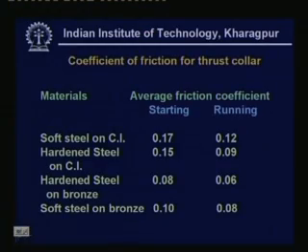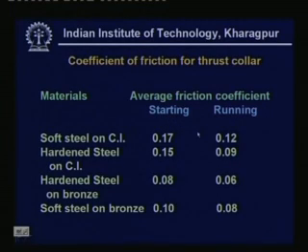Then one more thing in order to design is the coefficient of friction for the thrust collar. Again the coefficient of friction depends upon the material of contact, that is whether steel or cast iron, or hardened steel on cast iron, hardened steel on bronze, etc. You will see the starting coefficient of friction, sometimes called the static coefficient of friction, is quite higher than that of the running, that is the kinetic coefficient of friction, that is very much known to you.